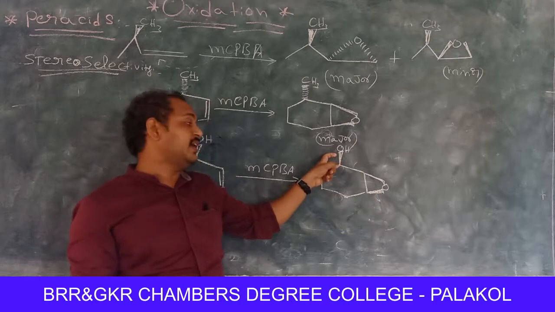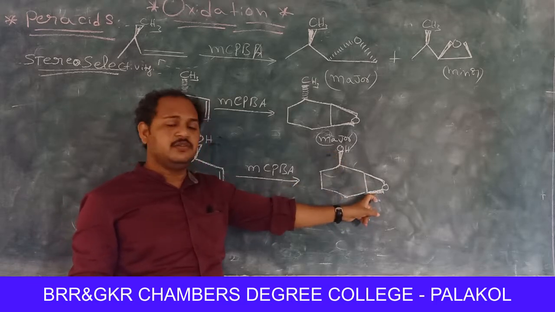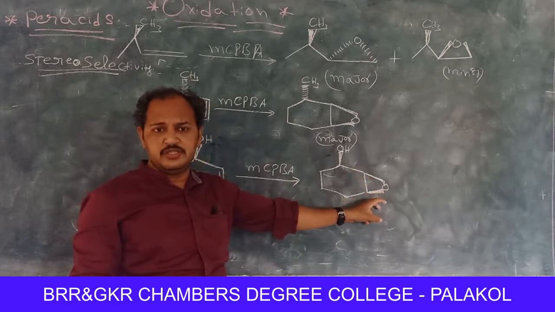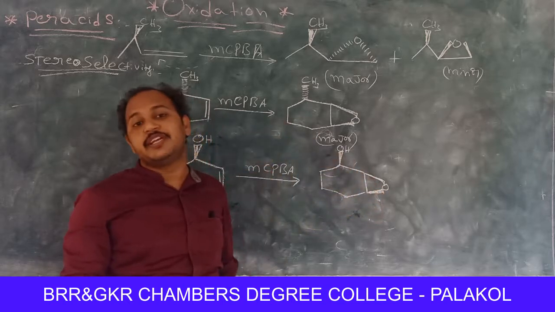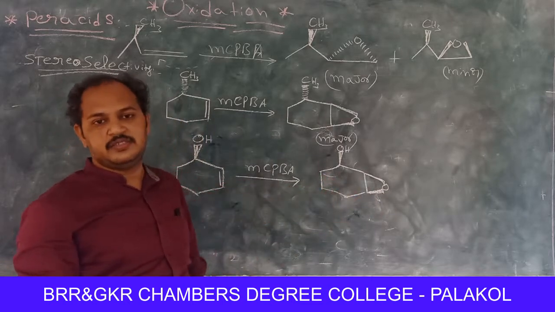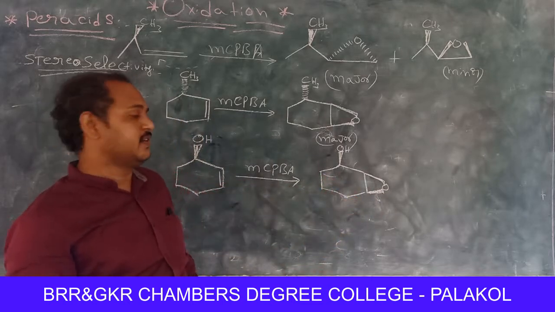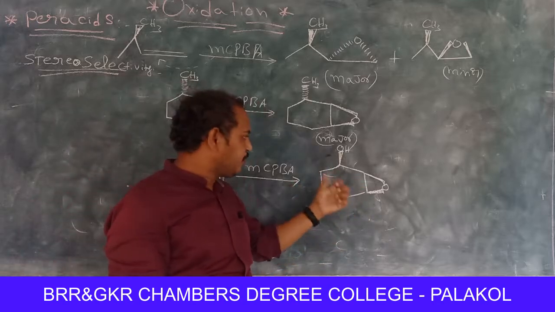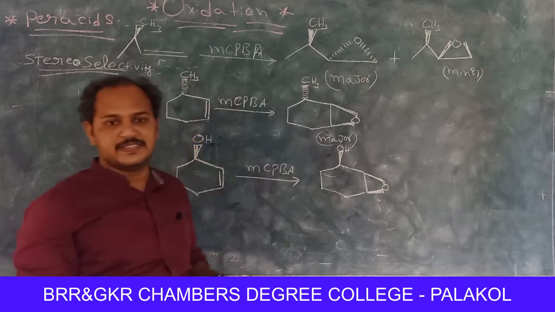In spite of that, what we are getting here is epoxide formation in the same plane as the substituent. How is it possible? Yes, of course it is correct. This is the right answer, not a wrong answer. But how is it correct? Why does the product formation take place like this?